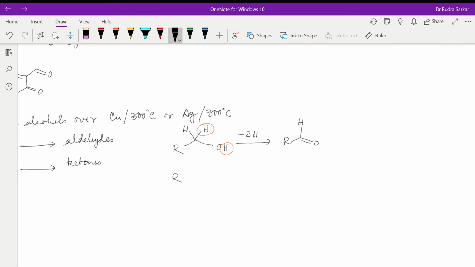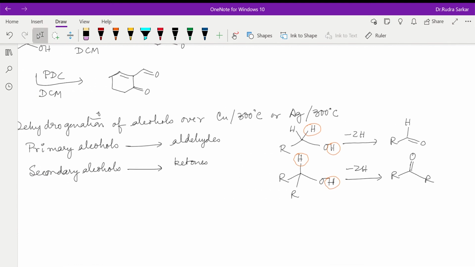Apply the same logic to a ketone. Say again, you're removing this hydrogen and that hydrogen, and the resultant molecule you're getting will be a ketone.